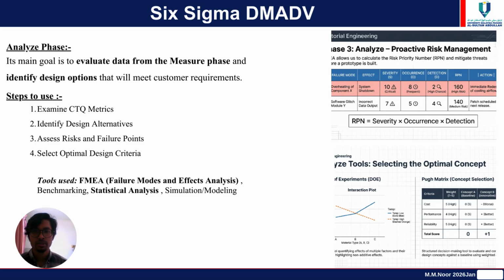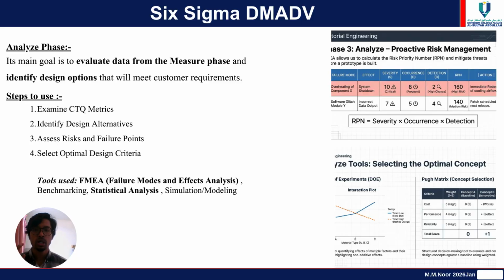In the analyze phase, we examine design options and identify potential risks. One important tool used is failure modes and effects analysis, or FMEA. This helps us identify possible failures before they occur. Each failure is rated based on severity, occurrence, and detection to calculate a risk priority number.